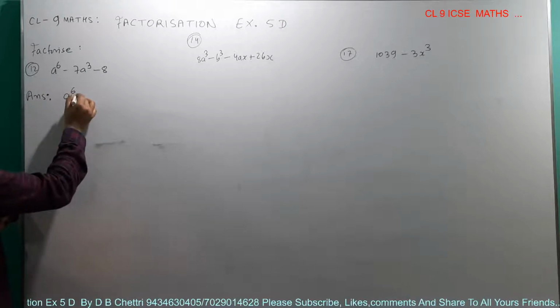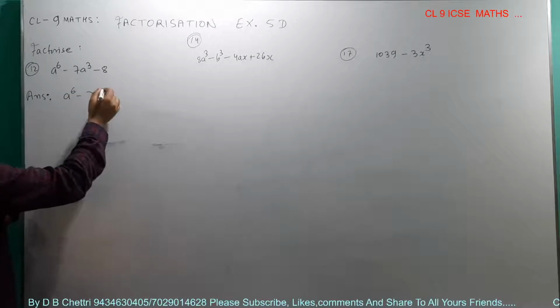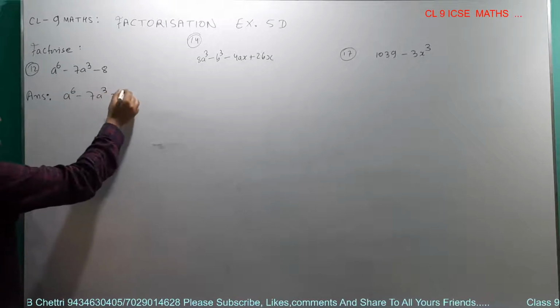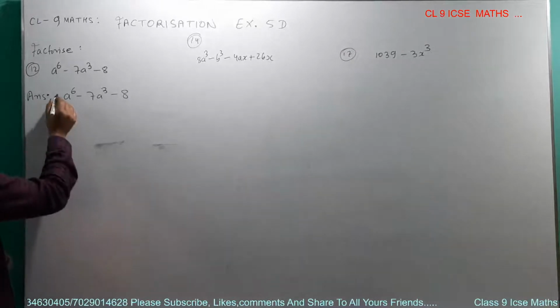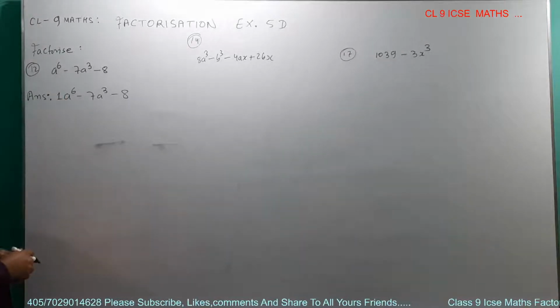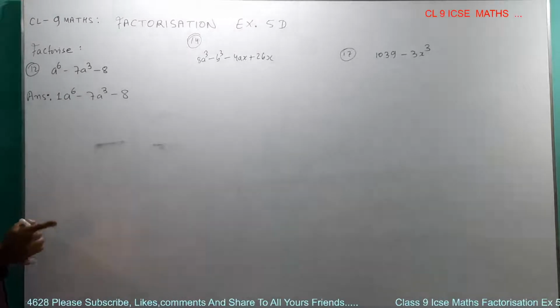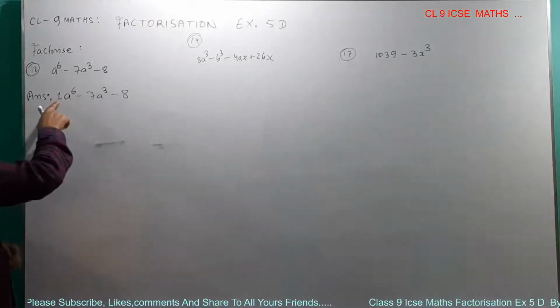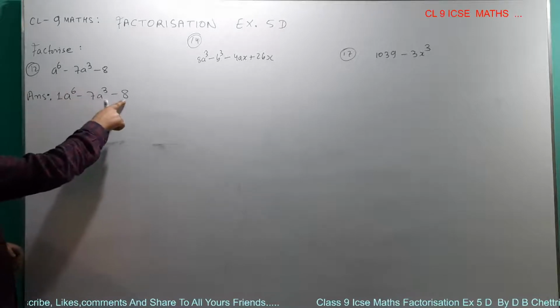a to the power 6 minus 7a cube minus 8. Now according to the trinomial rule, the coefficient of the higher power of the variable, coefficient meaning the number attached with the variable, is multiplied by the constant term.